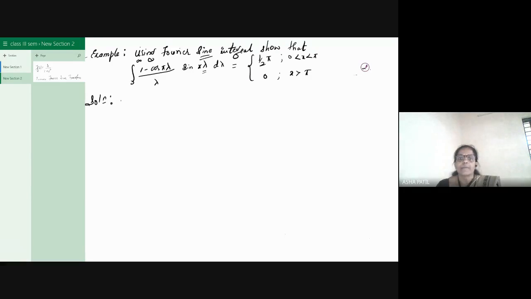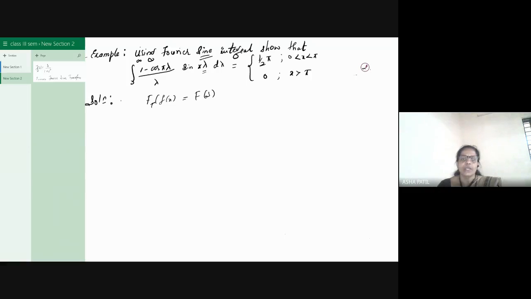How to begin? What will you consider as LHS and RHS? What will you write? Fourier transform of some function f of x. Fourier transform of a function, whether it is cosine or sine, we'll write it as f of s usually.